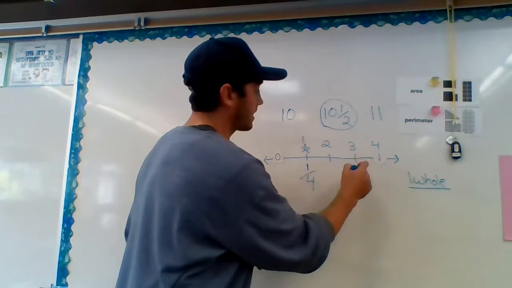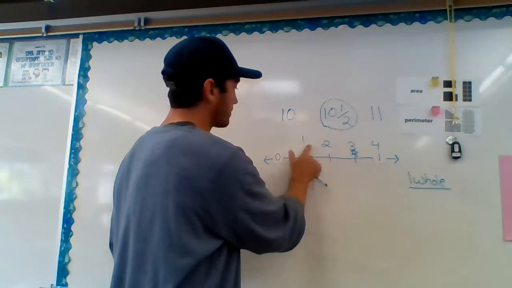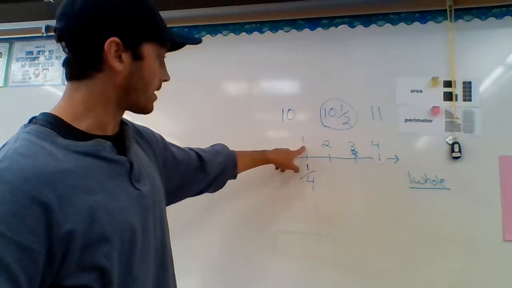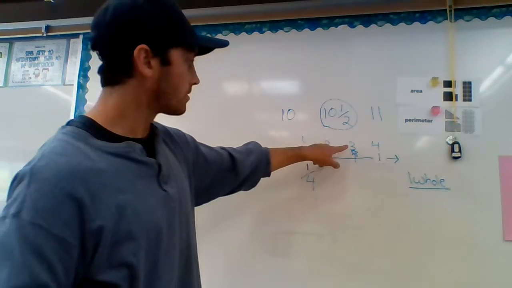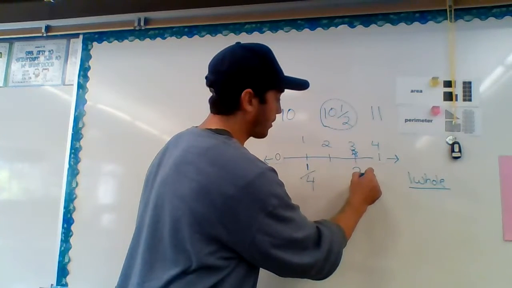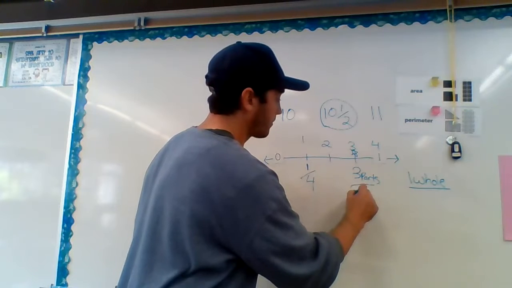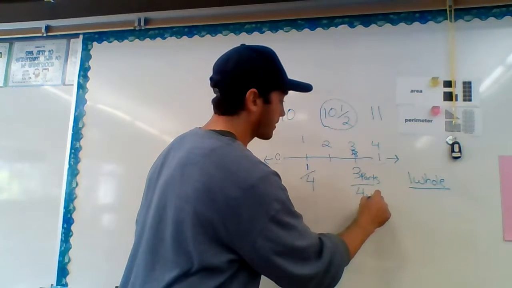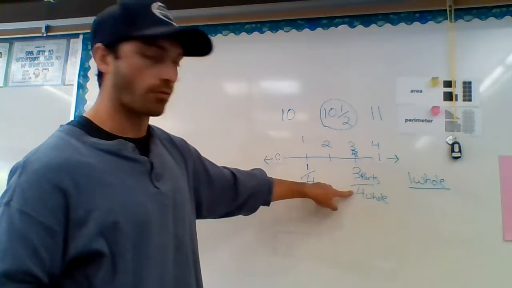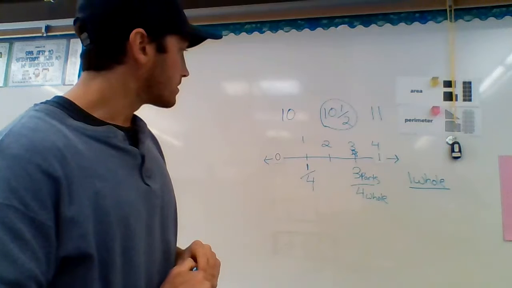Now, if we said we're at the 3, so we're no longer at the 1. So we're going to count over. We're going to say 1, 2, 3. So now we're at 3 parts out of 4 that makes our whole. So now we're at 3/4 on our number line here.